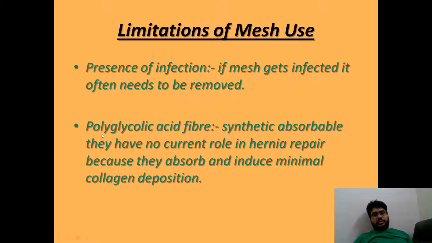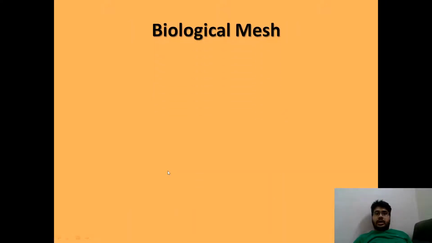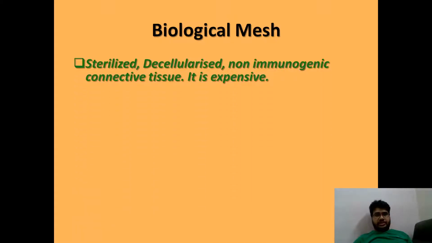One more thing is polyglycolic acid fiber. What is that? It is a synthetic absorbable material. They have no current role in hernia repair because they absorb and induce minimal collagen deposition. One more thing about biological mesh. It is sterilized or decellularized, non-immunogenic connective tissue, but it is expensive.